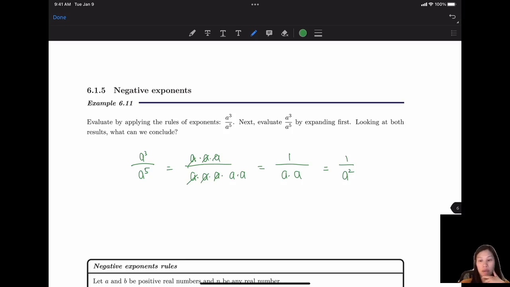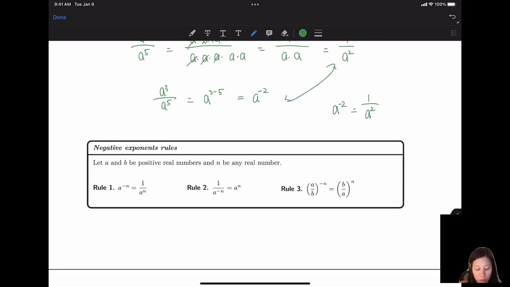But from the previous lessons, we know that by the quotient rule, a to the third over a to the 5th power is equal to a to the 3 minus 5, which is a to the negative 2. So now let's connect these two together. That means a to the negative 2 power is equal to 1 over a to the positive 2 power.